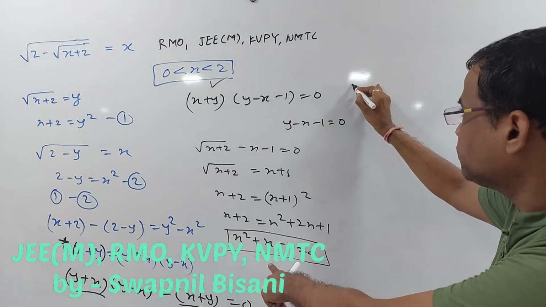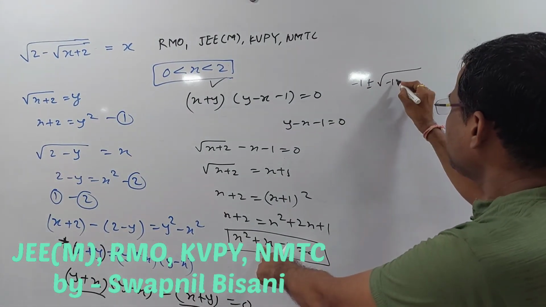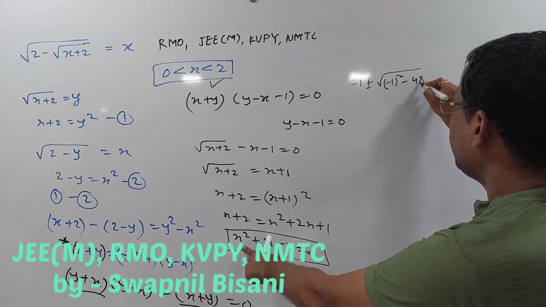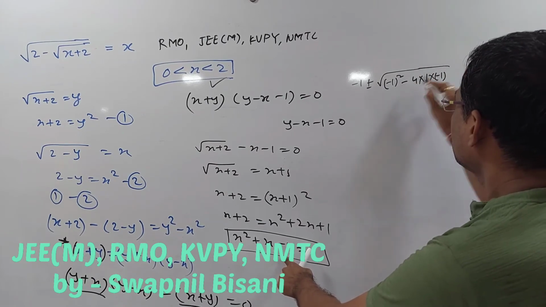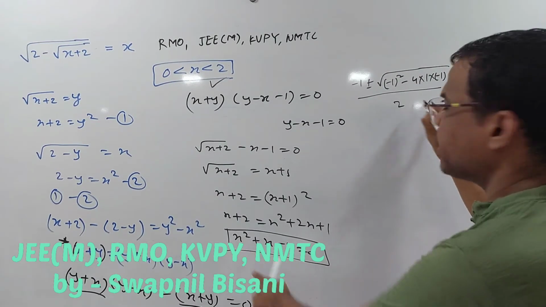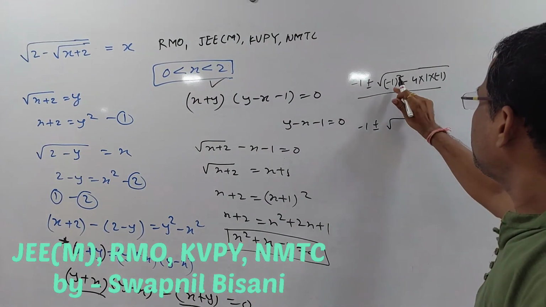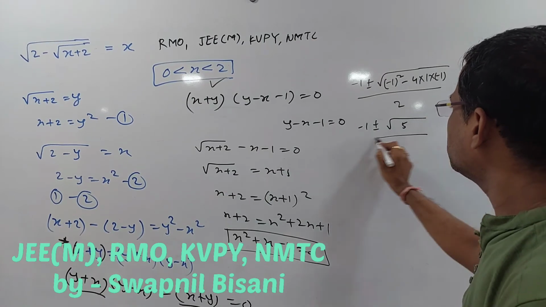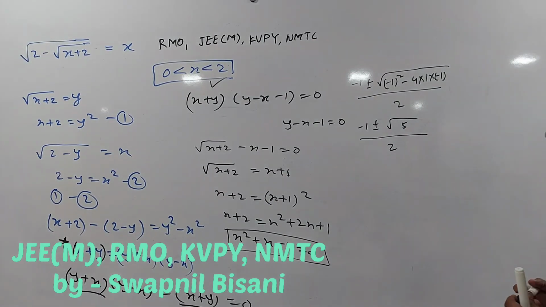Minus b plus or minus root of b square minus 4ac, upon 2a. So it gives me minus 1 plus or minus root of (1 plus 4), that is 5, upon 2. So that is something I am getting: minus 1 plus or minus root 5 upon 2.